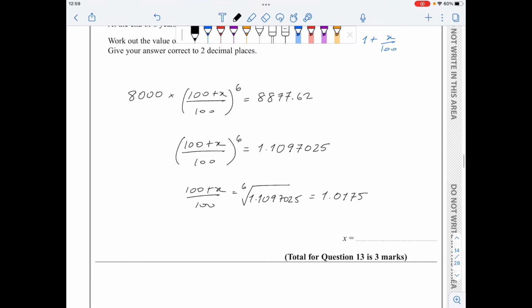So let's try and solve this equation now. Let's cross multiply. 100 + x is equal to 101.75. So x is equal to 101.75 minus 100, which is 1.75, and this is my final answer.